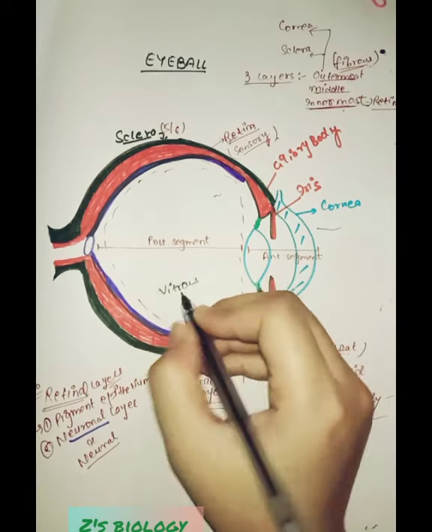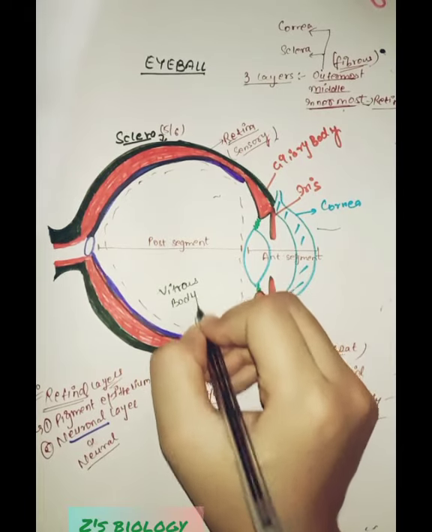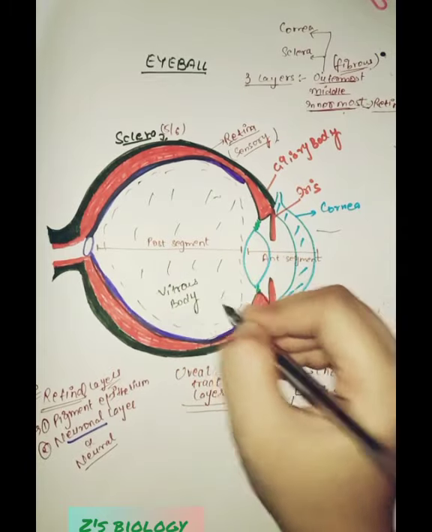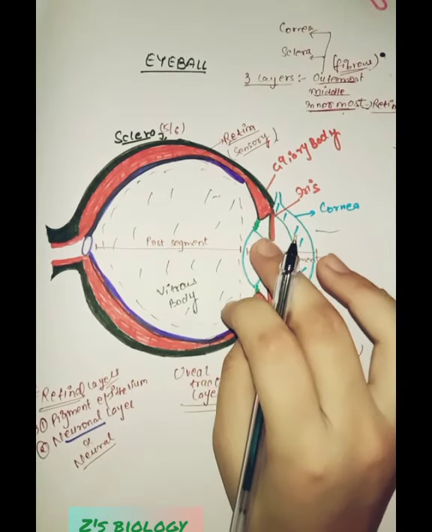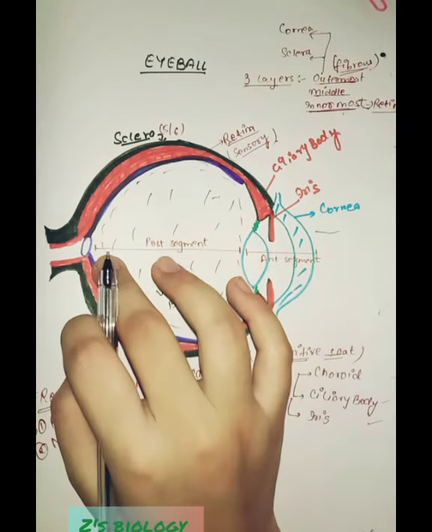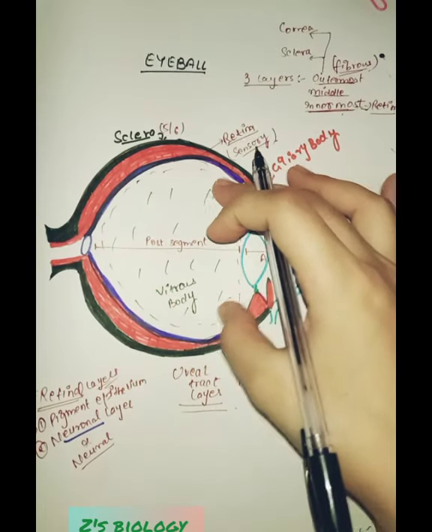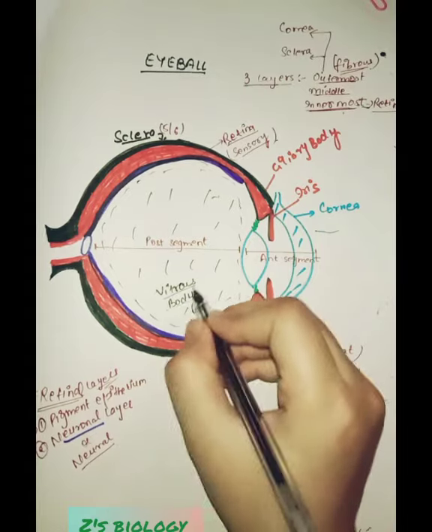It's known as the vitreous body because it is filled with a jelly-like substance known as the vitreous humor. So the vitreous body extends from the posterior part of the lens up till the neural layer of the retina, and this part is filled with a jelly-like substance called the vitreous humor.